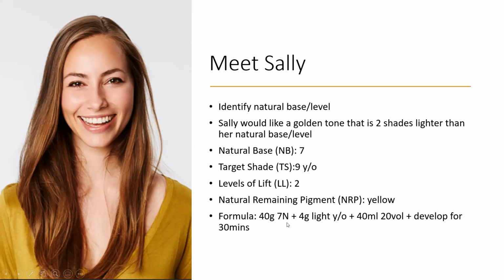So that's actually 9N, my apologies. So the formula would be 40 grams of 9N and 4 grams of light YO. It's a 1-to-1 ratio. So if we're going to use 40 grams of our base, we're also going to use 40 grams of our color catalyst or our developer. So that's going to be 40 grams of 20 vol. And then we're going to leave that on the hair to process for 30 minutes.